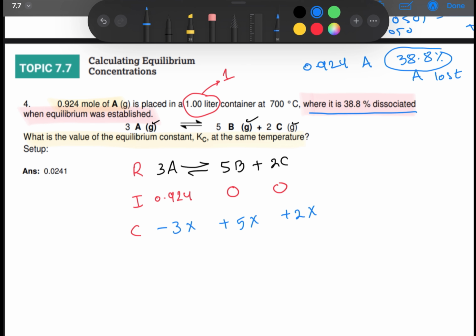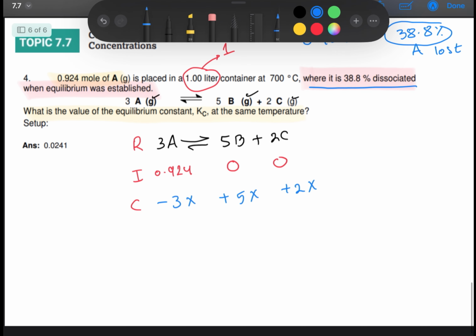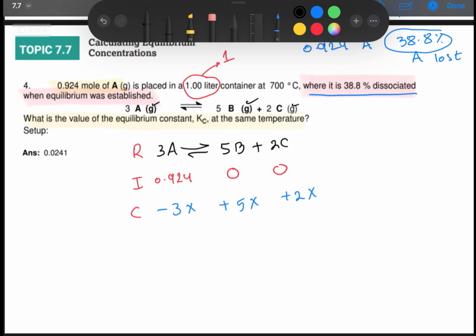Then I have to say, okay, if you have the value of A, which is 0.924, and if you multiply by the percentage of 38.8%, then it's going to be 0.3585. So at that point, I can say, yes, this amount was lost from A.